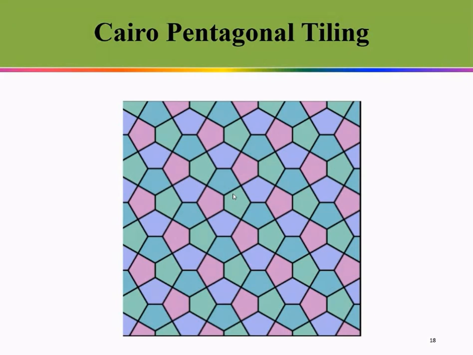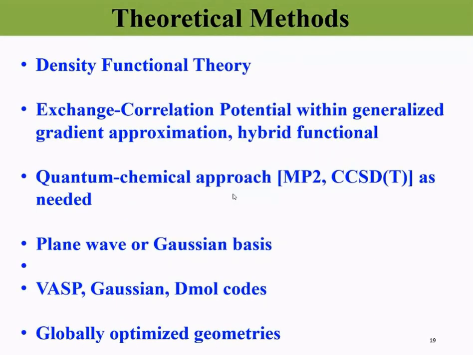I am a theoretical physicist, so I do much of my work with quantum mechanics and computers, and the theory that we use is called density functional theory. It's a first principle theory, and I'm not going to go into details of this theory because it's fairly standard and may not be very relevant to all the people in the audience.